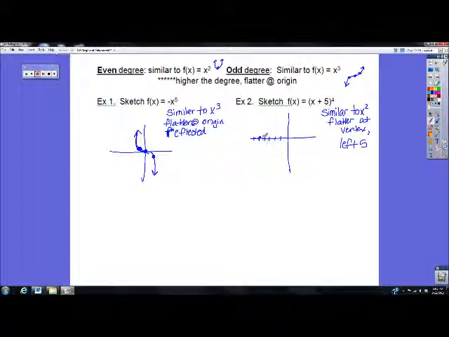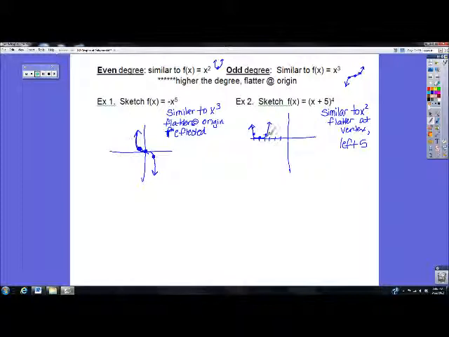And then it's going to be a little bit flatter here, opening up. And we will work more later about getting some nice points. Over 1, up 1, over 1, up 1, and so on. Over 2, up 4, over 2, up 4. And if I had a nicer graph, I'd put some more points on there.